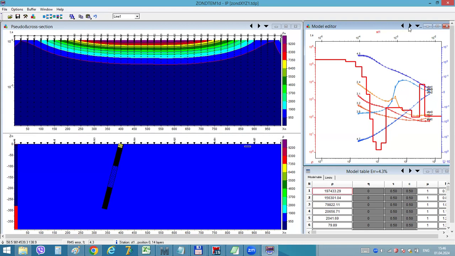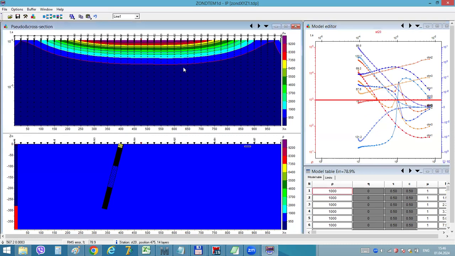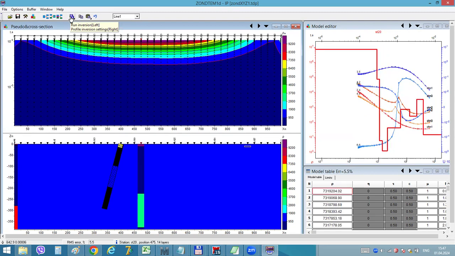But if we don't know about our initial model, we anyway will go to our solution. Let's check it here. For example, it's an even more complicated case. And okay, after 5 iterations, everything went well, and we put our model to a minimum of the solution. I don't know if it's global or local, but anyway.